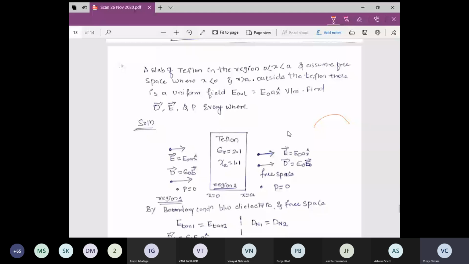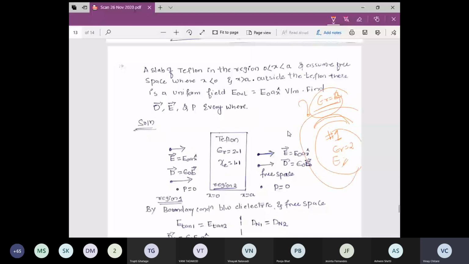So you have two regions. In one region you have a dielectric material with epsilon r, say 2, and in one more region you have a dielectric material with epsilon r equal to, say, 4. You know what the electric field and D field are in one region, and you are interested in finding them in the other.